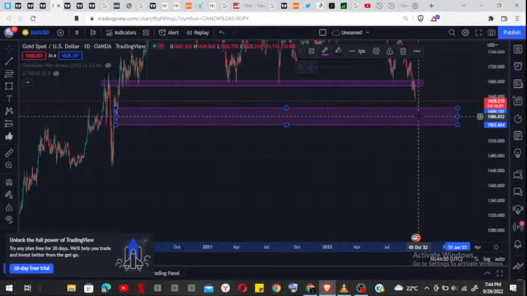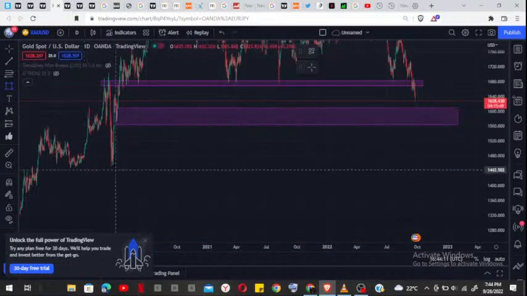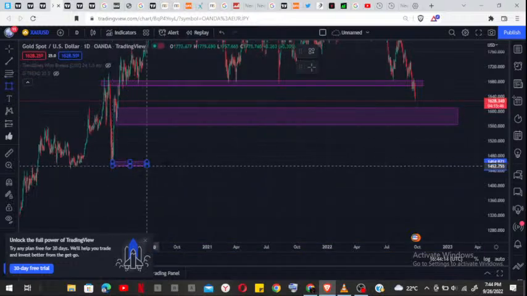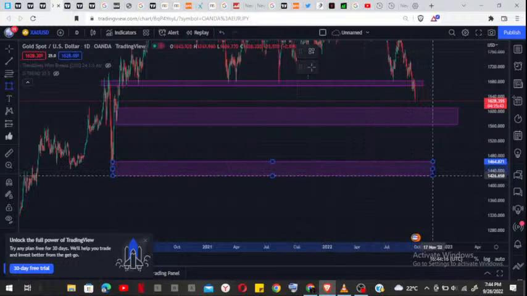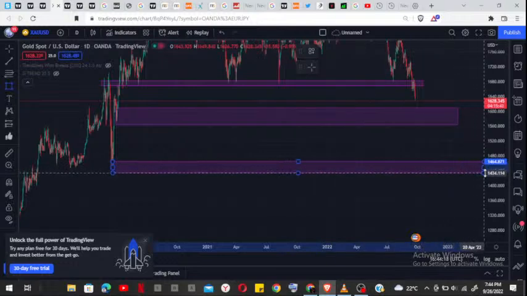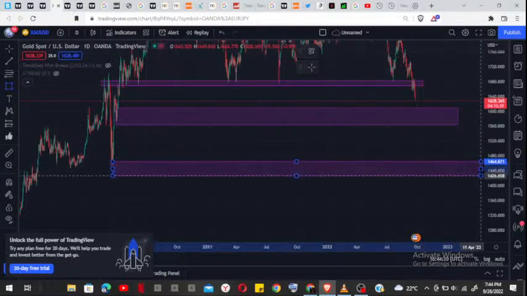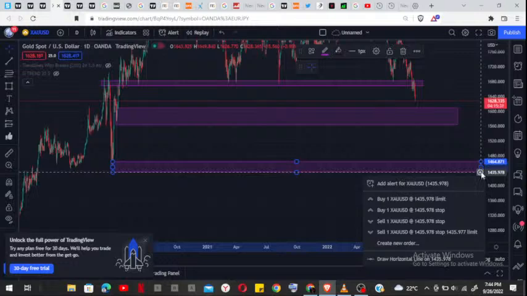If gold keeps on selling, if the US dollar keeps on getting stronger and stronger, then probably we'll be looking forward to a further drop to this zone over here. So you can always just draw these lines. I always tell most of my viewers that these are some of the crucial zones that you can pay attention to and just have an overview of what's going on.